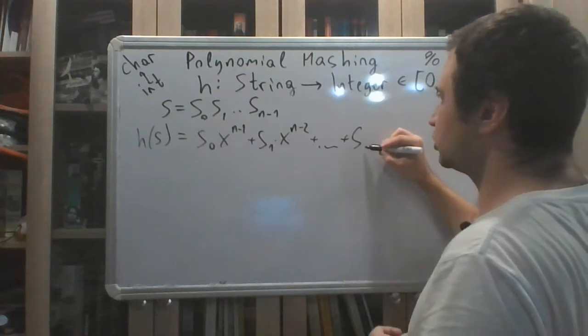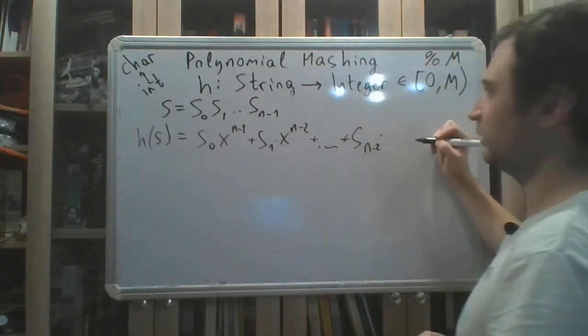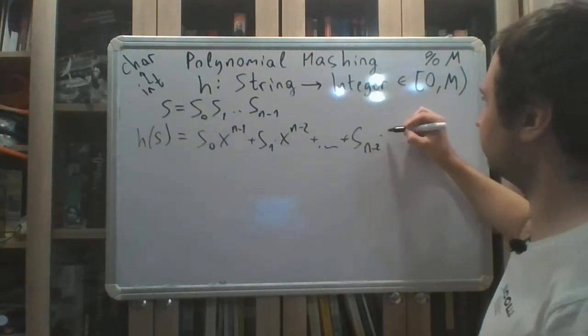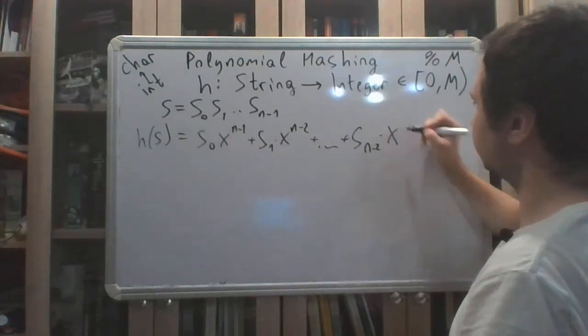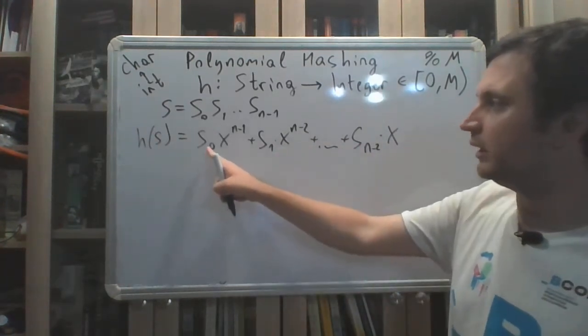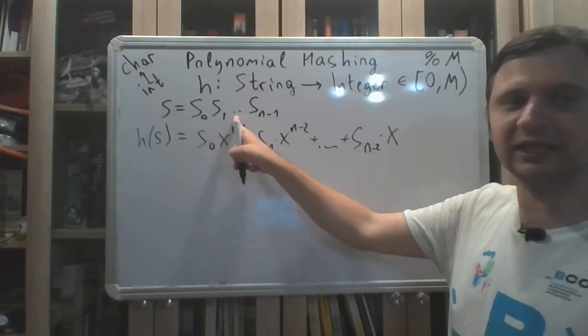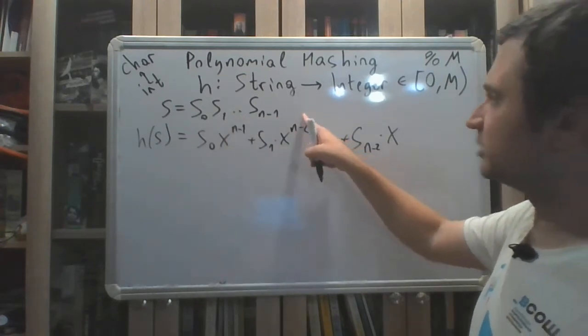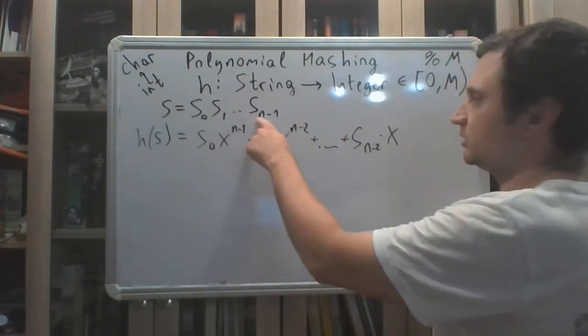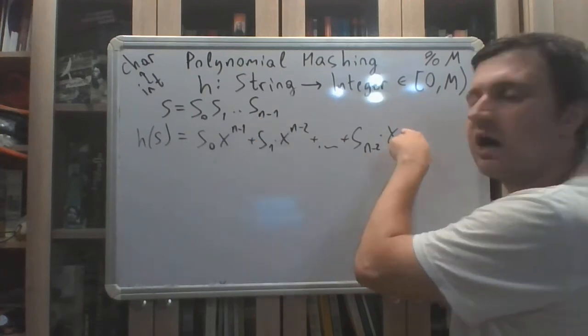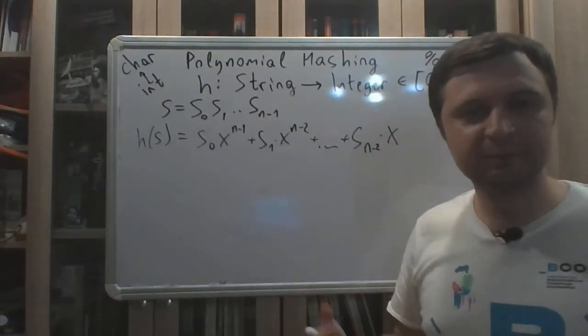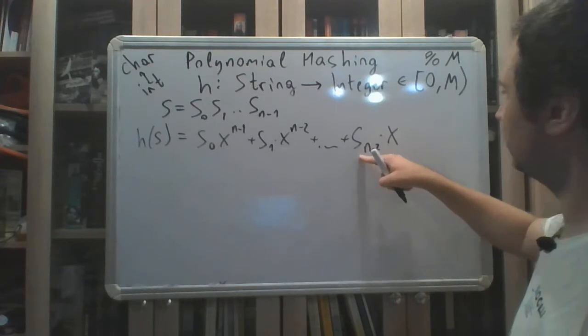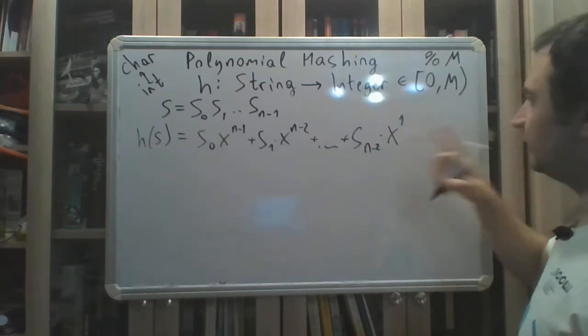The next to last letter, number n minus 2, is therefore multiplied by x in which power? So 0 plus n minus 1 is n minus 1. 1 plus n minus 2 is n minus 1. So the index of the letter and the power of x always add up to n minus 1. So n minus 2 plus 1 is what we need.